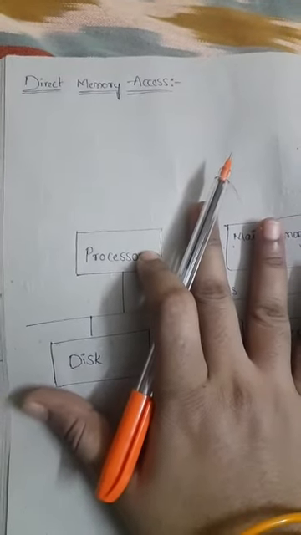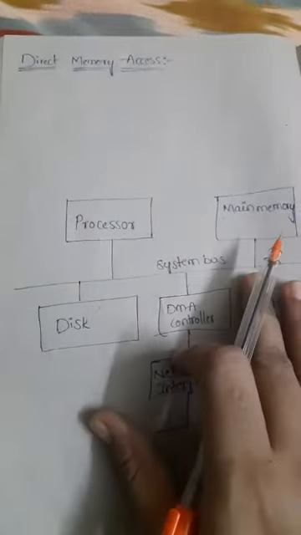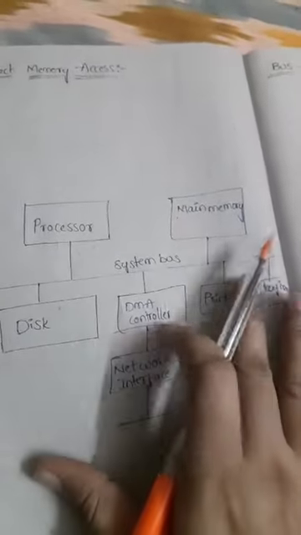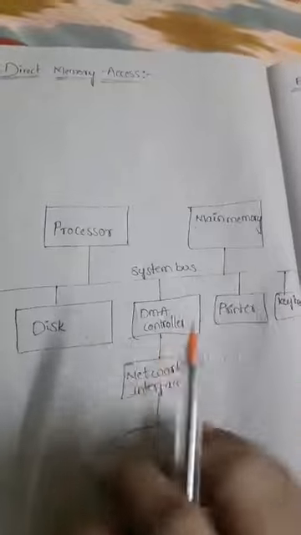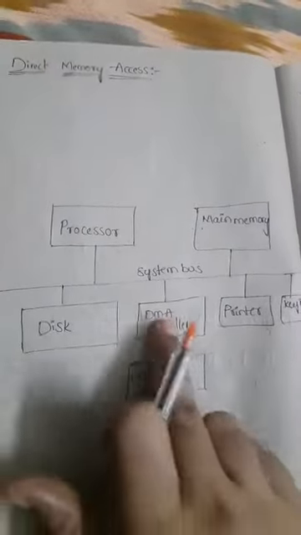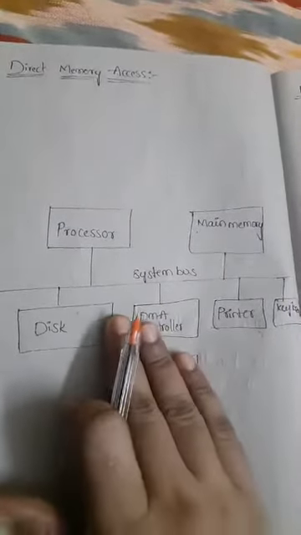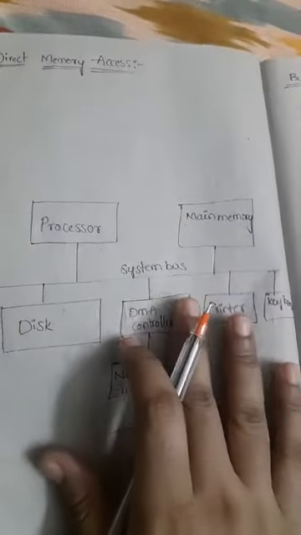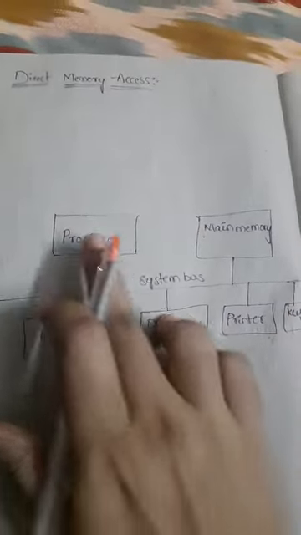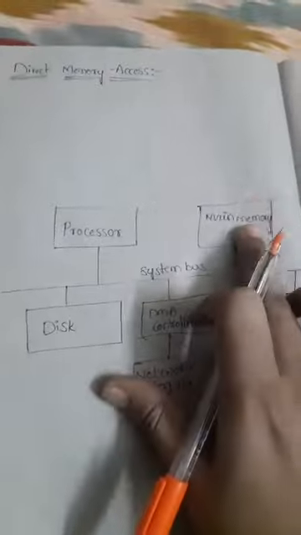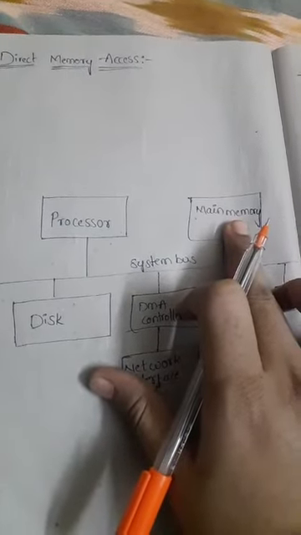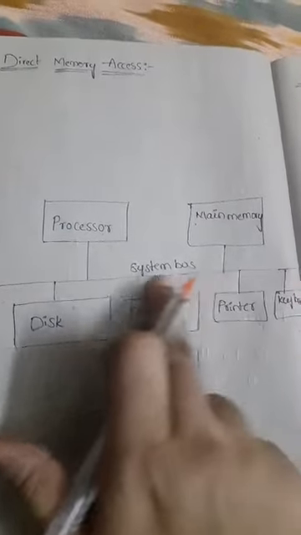This diagram is not new to you, except one or two things which have been added here. You already know this diagram. The processor will be available here, and main memory, and there will be one bus.